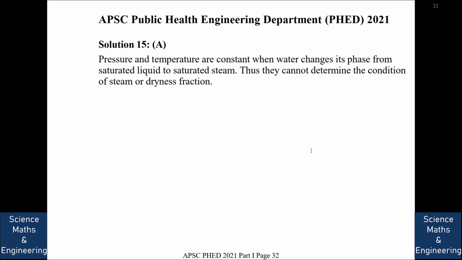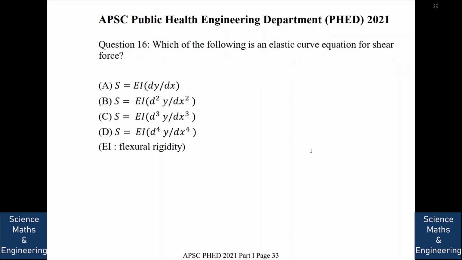That means when the dryness fraction is 0 till the dryness fraction is 1, the pressure and temperature are constant. As they are constant, we need some other criteria, because we cannot determine dryness fraction with the knowledge of only pressure or temperature or both. Okay, so we'll go to the next question.